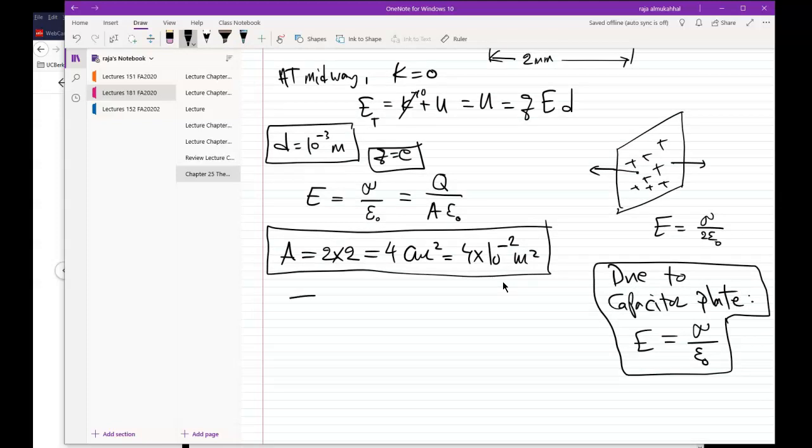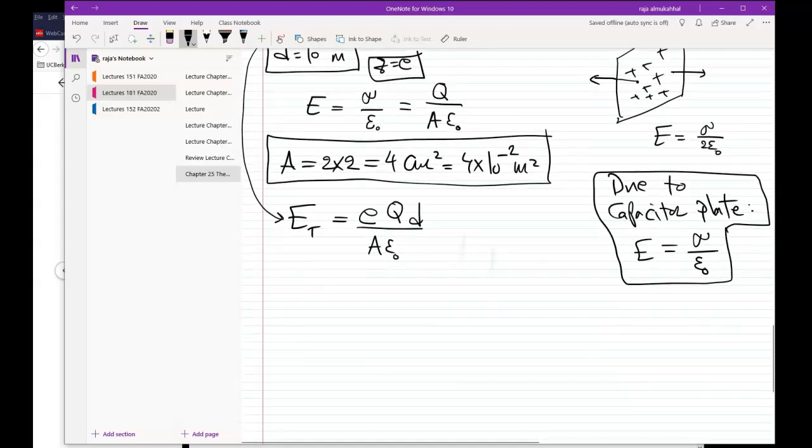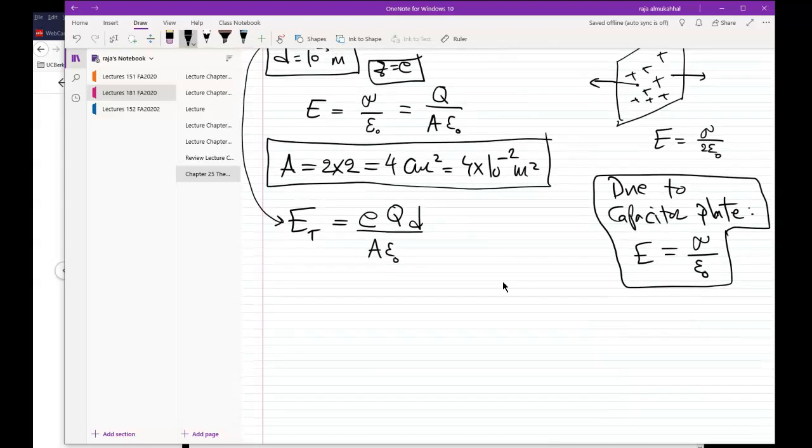So basically the total energy right there, guys, becomes e Q d over A epsilon naught. There we go. This is the full expression for the total energy. You got that? And all you need to do is just plug it in.